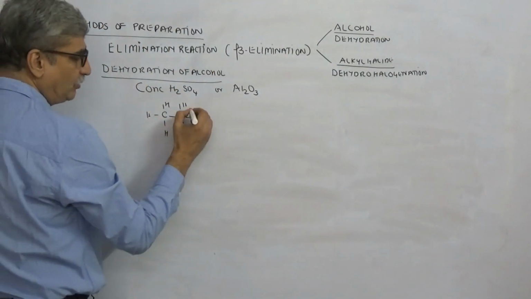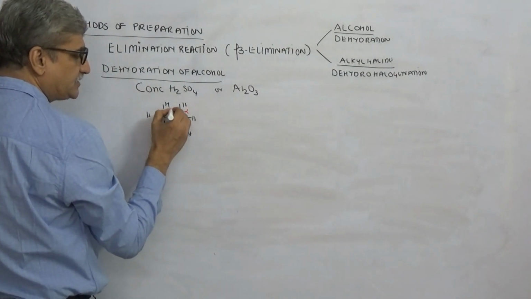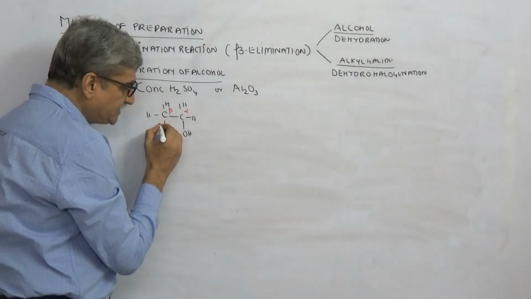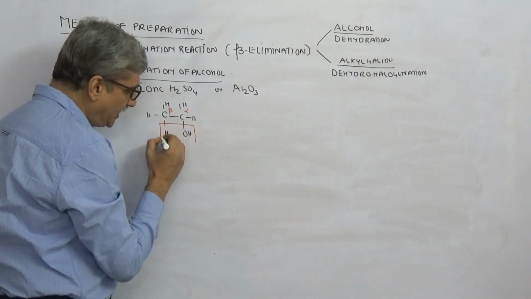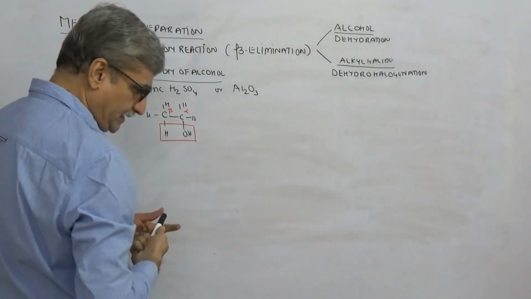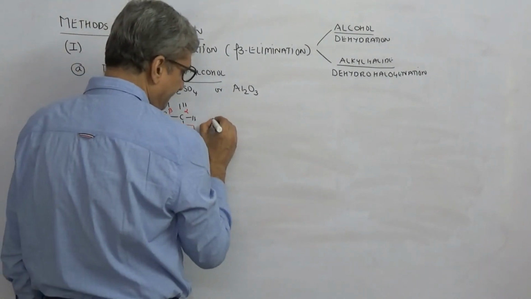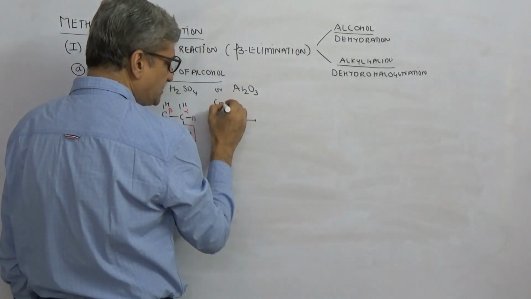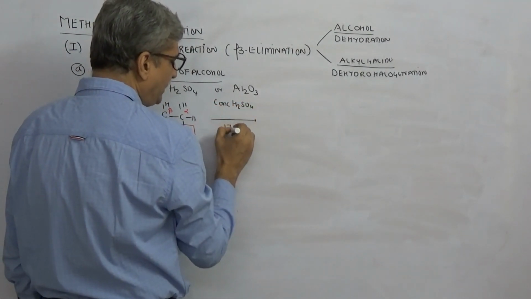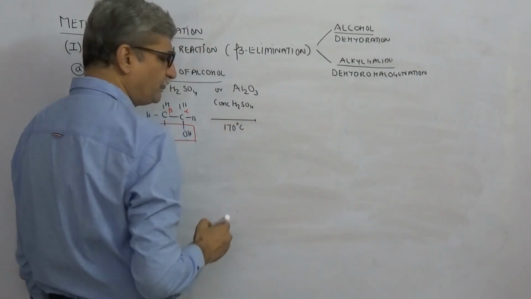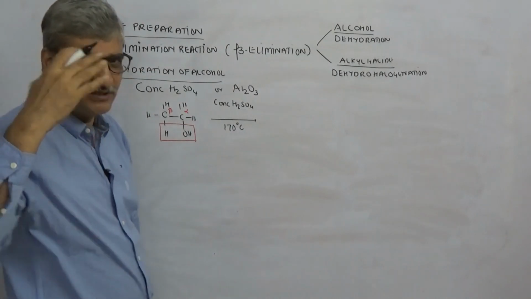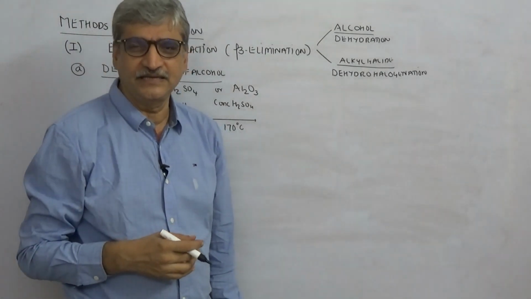I told you that the carbon containing the OH group is the alpha carbon, and the carbon adjacent to that is beta. So the OH group is eliminated along with the hydrogen. We use concentrated sulfuric acid at around 170 degrees centigrade, 443 Kelvin. As I am an old timer, I am always used to remembering things in degrees centigrade.